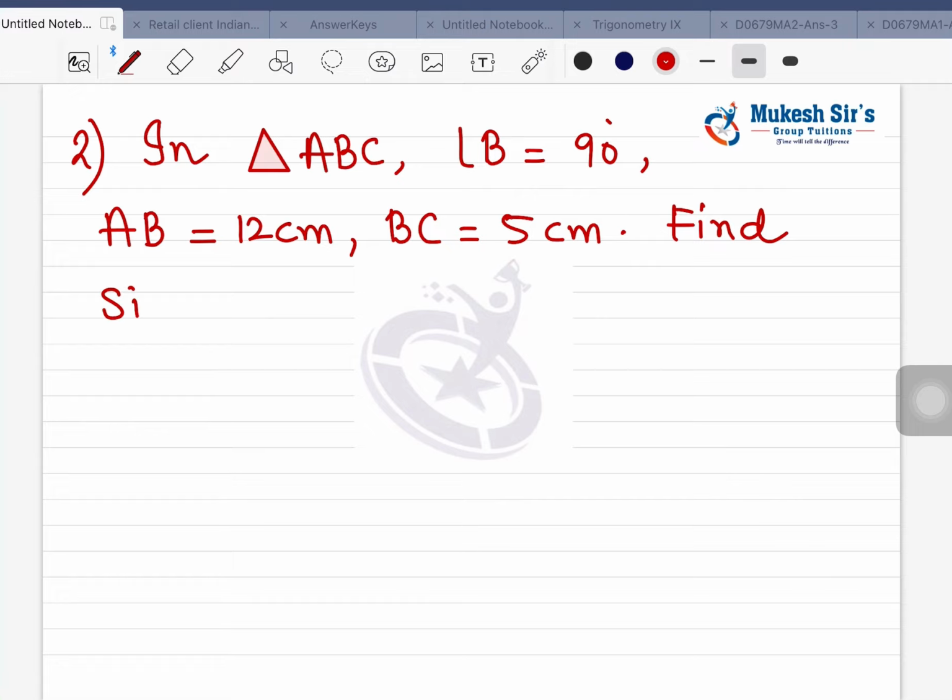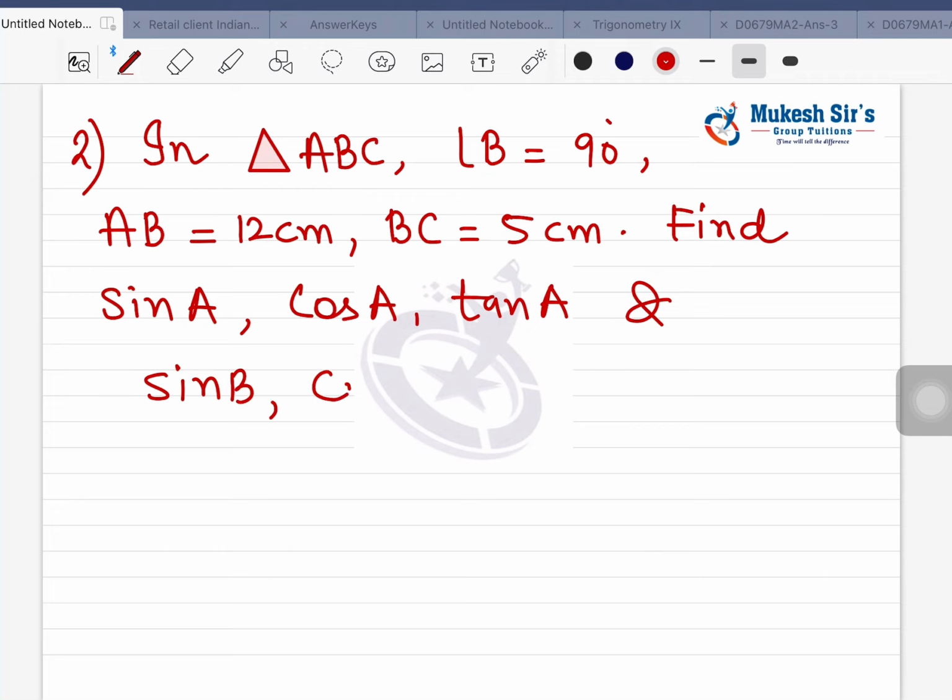Find sin A, cos A, tan A, and sin C, cos C, and tan C.